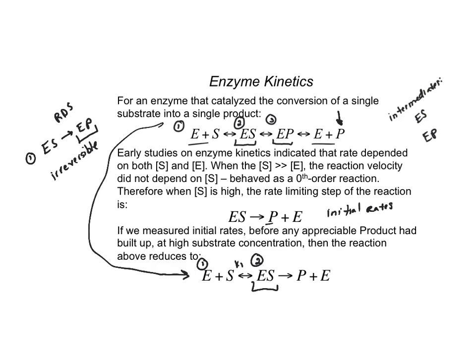So it's going to have a k1 forward, k minus 1 reverse, but then this second reaction again is rate determining, it's irreversible, so it only has a single-headed arrow, and we're going to call this k-cat, okay? So the rate constant for this second reaction is what we categorize as the overall rate constant for this reaction, okay? Why do you think we do that?